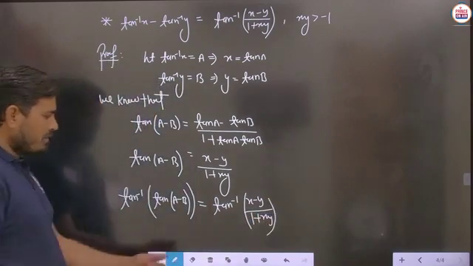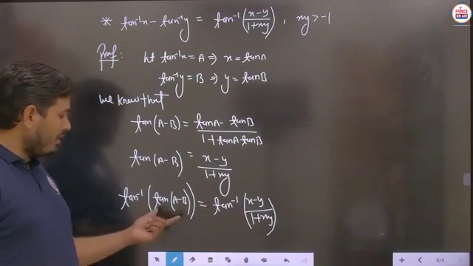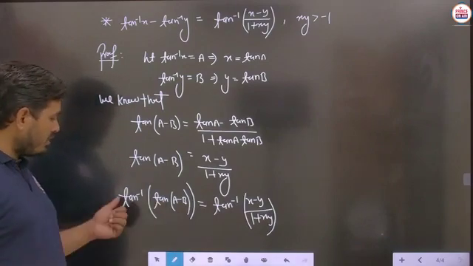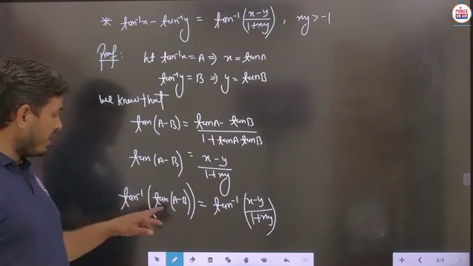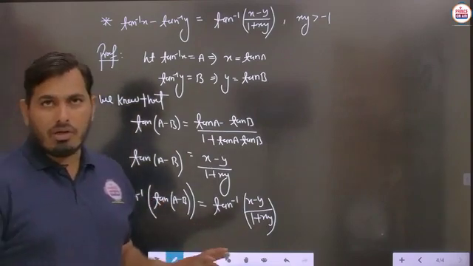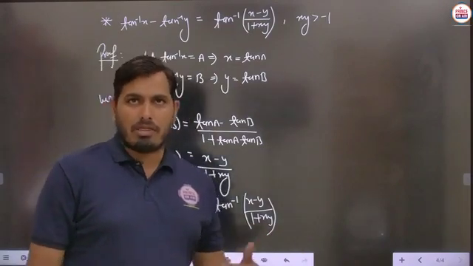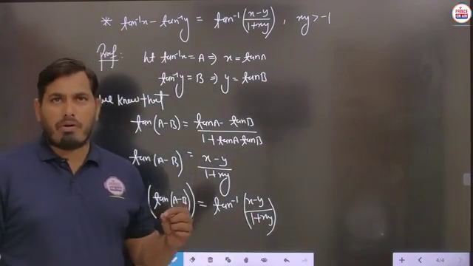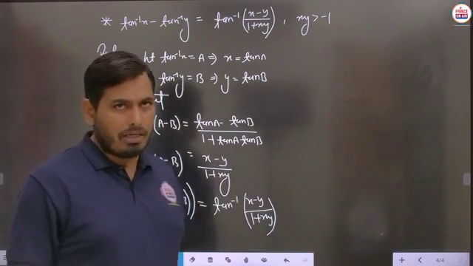On this side there is no problem, but on this side we have to check whether tan inverse cancels out tan, where we must check the condition on A minus B. Suppose A minus B lies in the interval minus pi by 2 to plus pi by 2, then you can say so; otherwise you cannot. Is that clear?